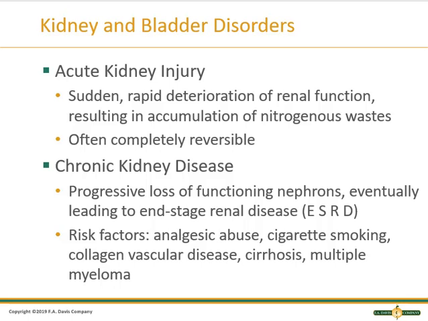Let's next talk about chronic kidney disease, which is the progressive loss of the functioning nephron, and this leads to end-stage renal disease. It's reported that chronic kidney disease affects approximately 13% of the U.S. population. Risk factors include the use of analgesics, cigarette smoking, cirrhosis, multiple myeloma.